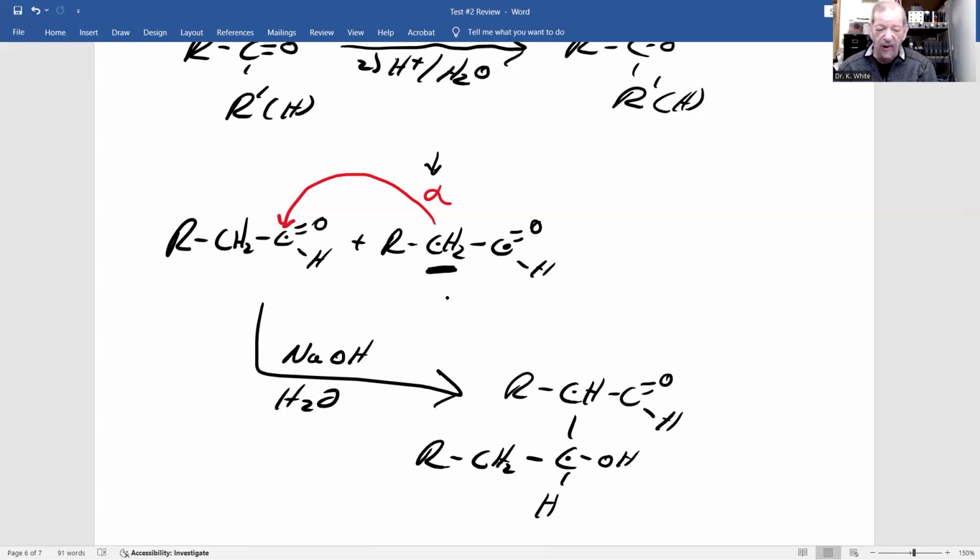When you react it with a base, NaOH is a base, you form an enolate anion, which will attack the other carbonyl carbon present, in this case, the other aldehyde, and form a carbon-carbon single bond, opening up the second carbonyl to an alcohol. And this is called an aldol condensation. It's a very useful one.